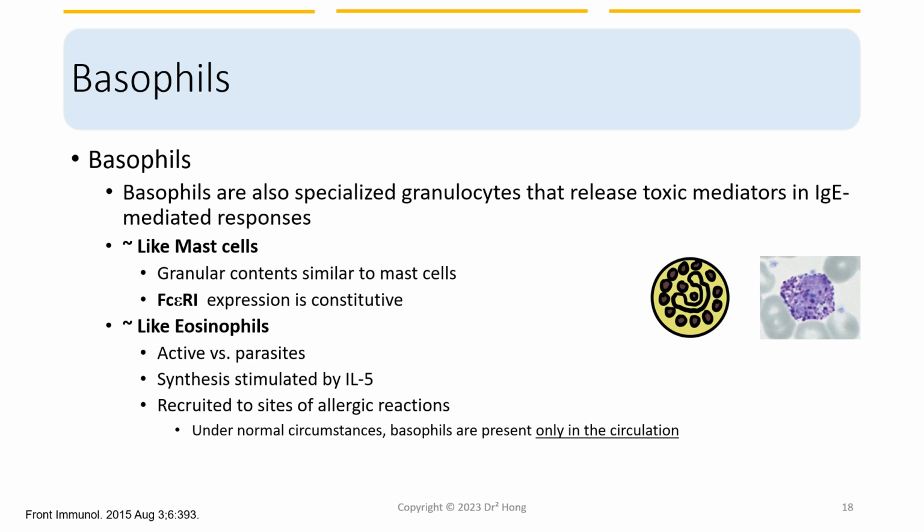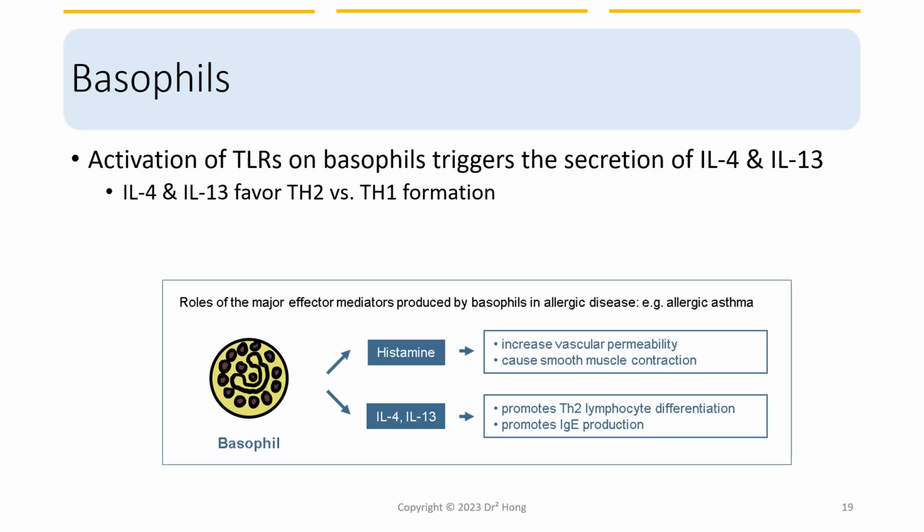Basophils normally constitute less than 1% of the white blood cells, which for decades made them more difficult to study than other leukocytes. During an innate immune response, basophils are recruited to infected tissues, where they are activated through their toll-like receptors and other receptors of innate immunity.